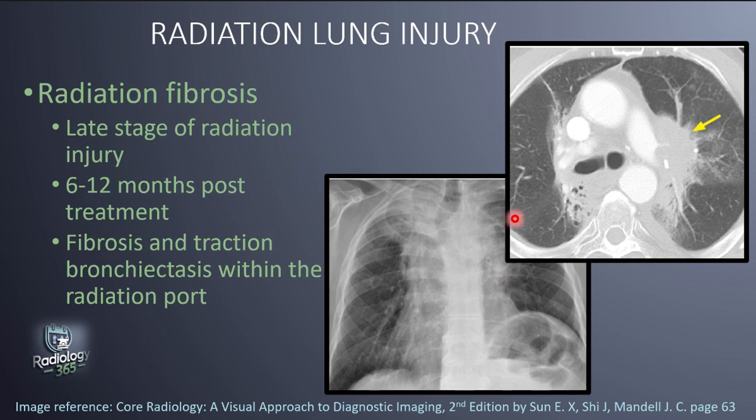So in these images, this chest radiograph and contrast-enhanced CT, we see paramediastinal fibrotic changes within the radiation port. Here, you can see these areas of bronchiectasis and fibrosis. There's also this persistent adenopathy here despite the radiation, but that's not what we are discussing today. We're talking about the radiation-induced fibrotic changes here.